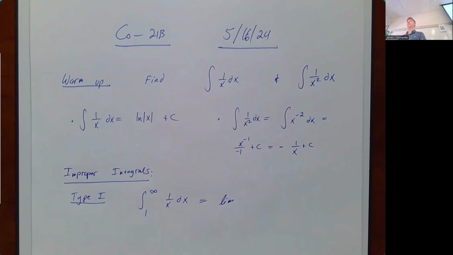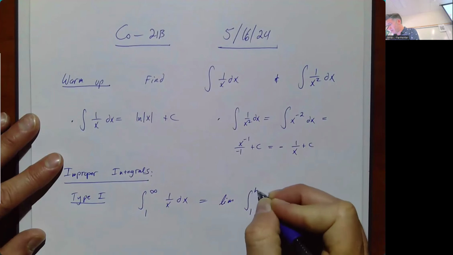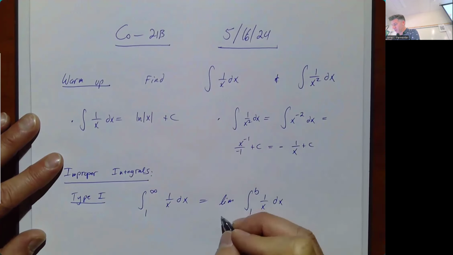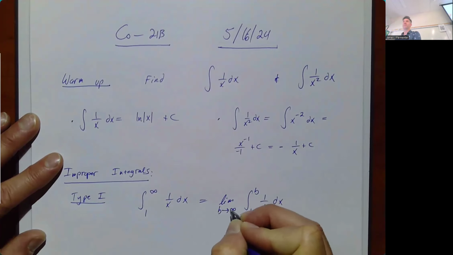We typically use a B for an upper limit and an A for a lower limit, although really you could use any letter you wanted except for X in this case, because X is already being used. People also use T sometimes or Z sometimes, but I'm going to stick with the convention of using a B for an upper limit and an A for a lower limit, unless there's a reason to do something else. And so we're going to take the limit of that as B approaches infinity.